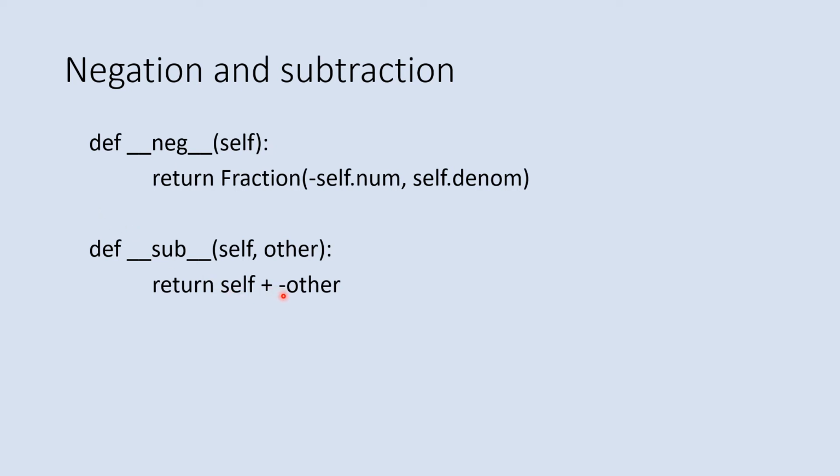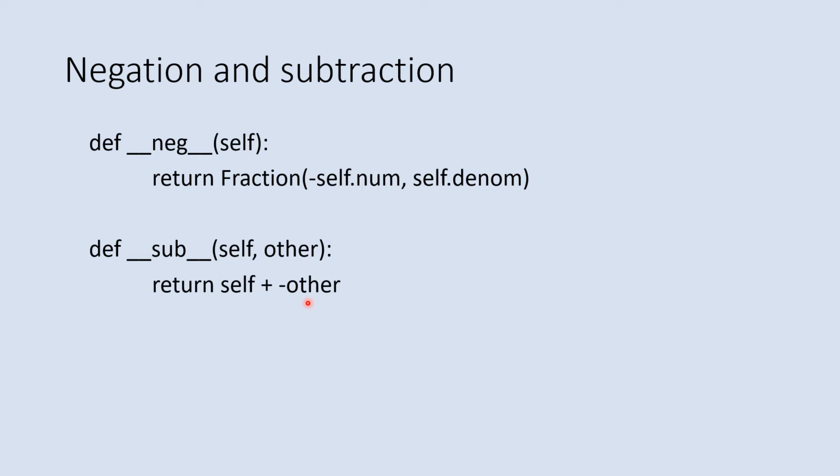Then it sees negative of this other fraction and would go to the dunder neg method, get the right value, return that back to the dunder add, do the calculation, bring it back to here, and return the correct value to the user. So there's a lot going on behind the scenes when we have this method in place.